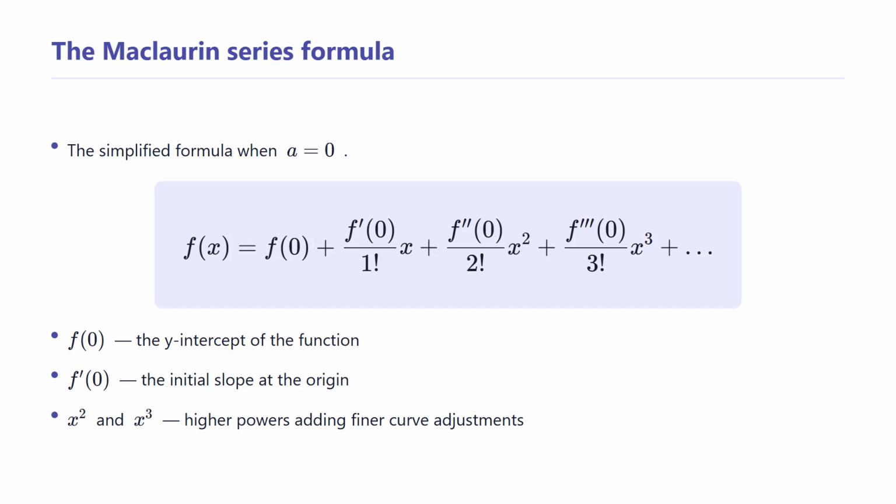The second term tells us the initial slope. The third term tells us how the graph bends right at the y-axis. As we add higher powers of x, we are adding finer and finer adjustments to our polynomial curve. If x increases, the higher power terms become much larger, which is why we need them to maintain accuracy far from the origin.